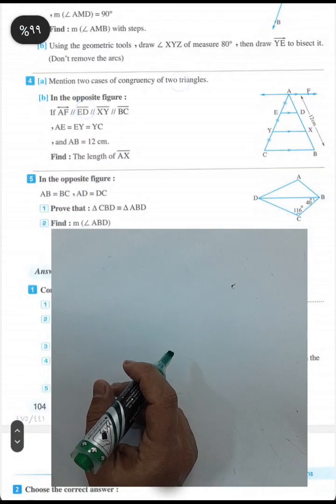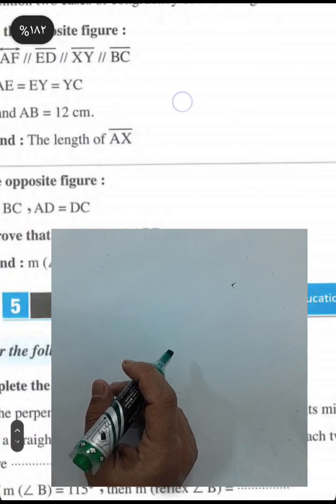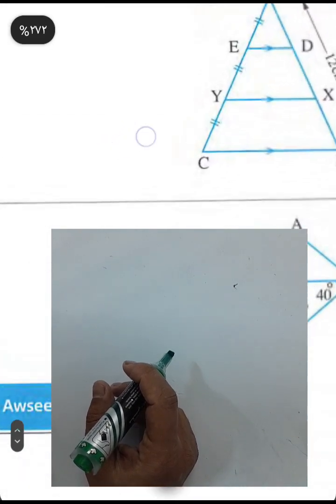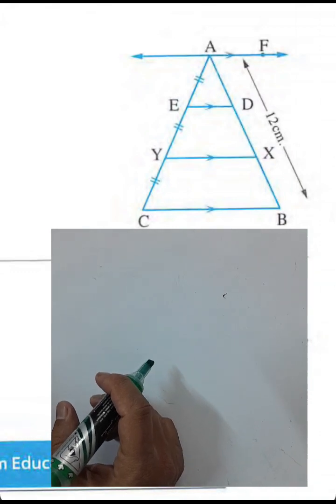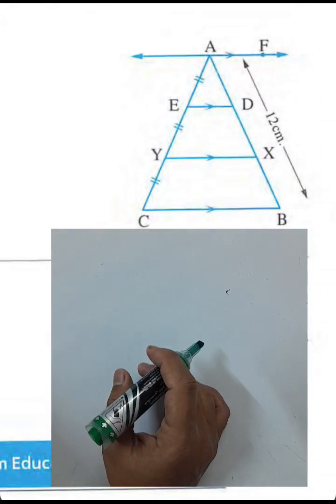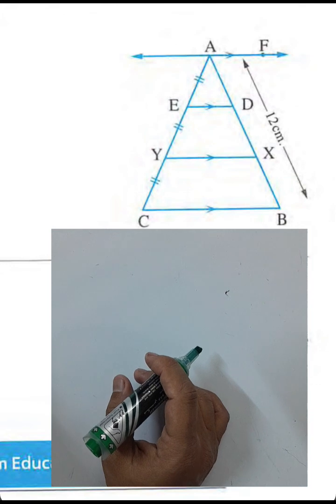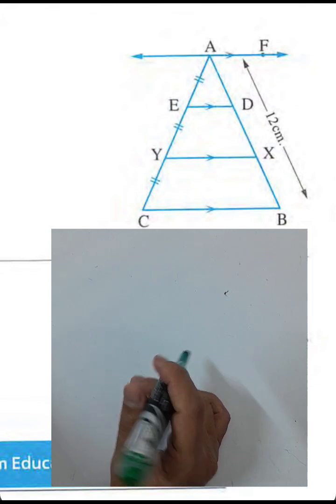Next question, we want to find the length of AX. We have three parallel lines and two transversals to them.